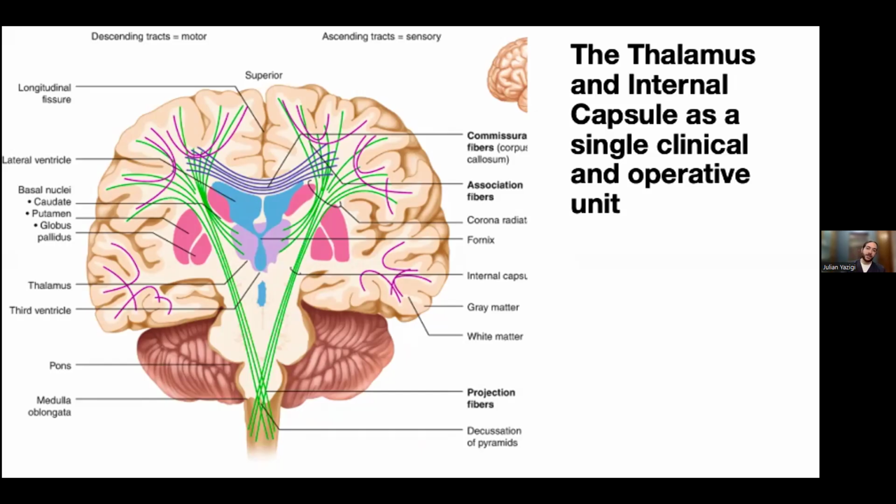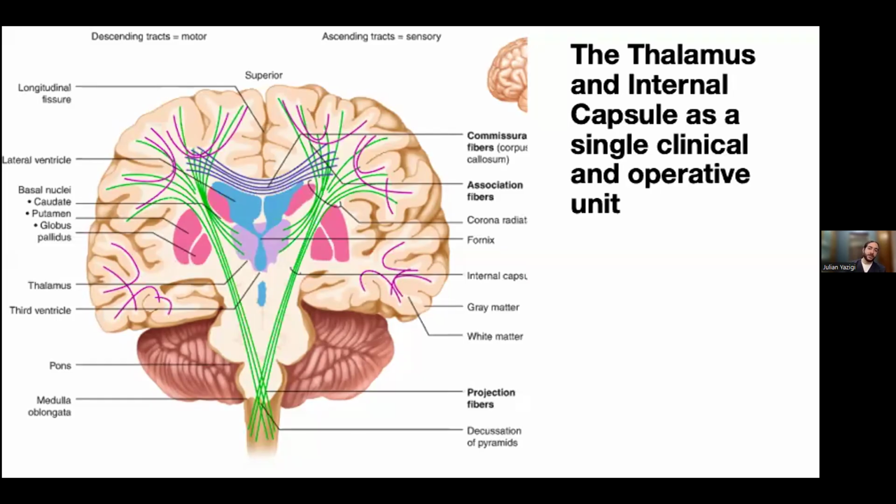What this does is it creates a bottleneck effect in which small lesions can disconnect large portions of cortex. And this explains why even a small inferior lateral thalamic infarct can produce a very dense sensory deficit, why a small capsular lacunar infarct can produce striking pure motor hemiplegia, and why thalamic hemorrhage can produce major weakness if it compresses the posterior limb.